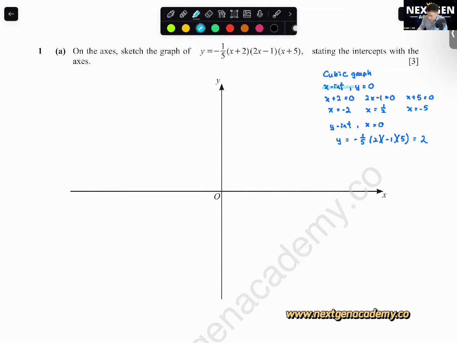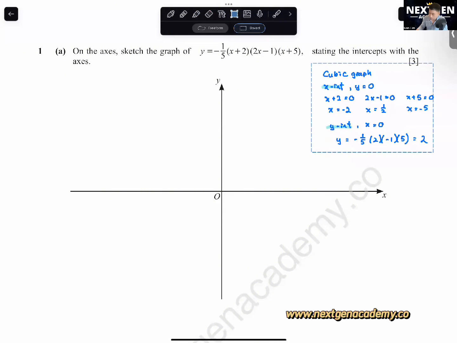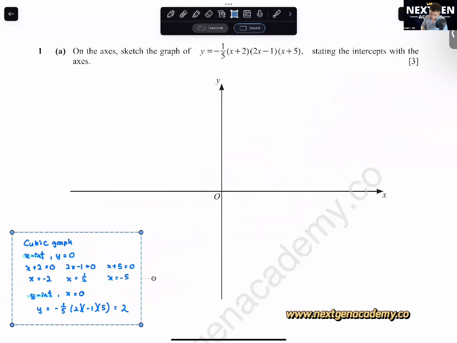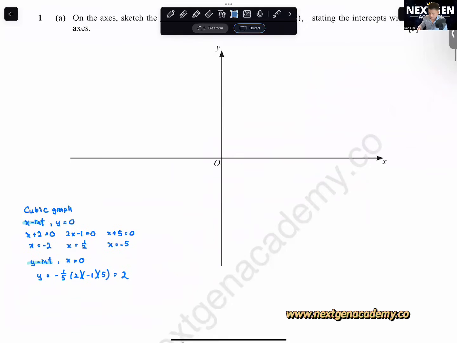So here you have your x-intercepts and y-intercept. Let's plot out the important points. Try your best to draw it to scale also. Your x-intercepts are negative 2, 1 over 2, and negative 5.